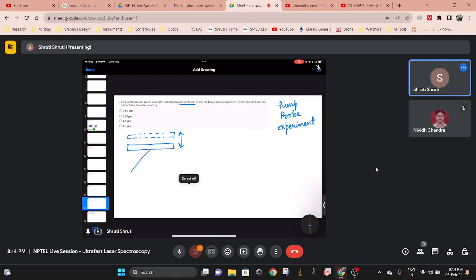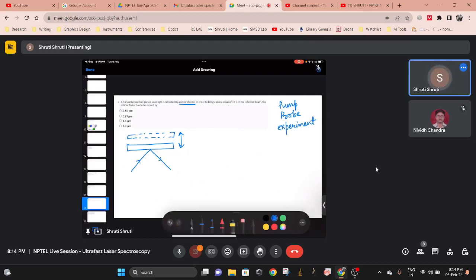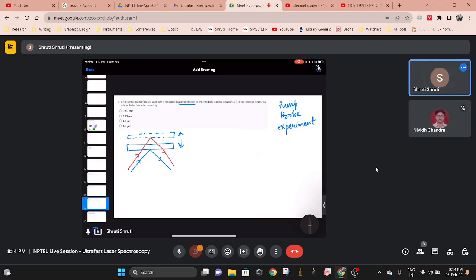If you have a light shining over here, then after the reflection, if your initial position was here, the path the light will travel will be more. The red one's path length is more than the blue one. So this creates a delay between the pump and the probe. To create the delay, we need to use this retroreflector.